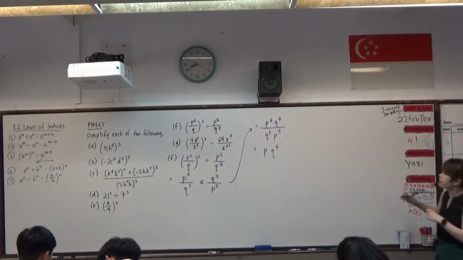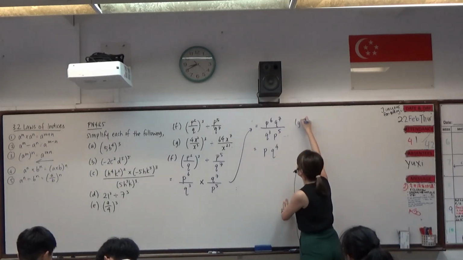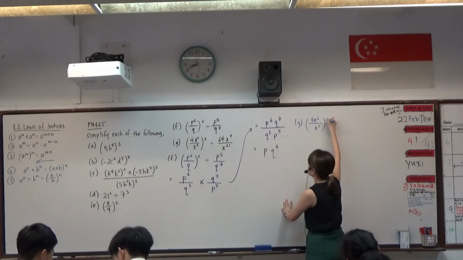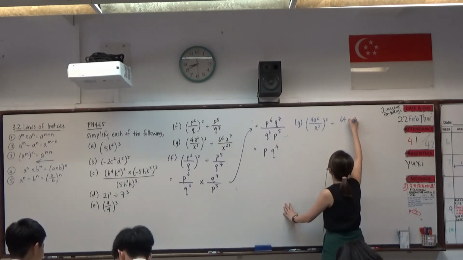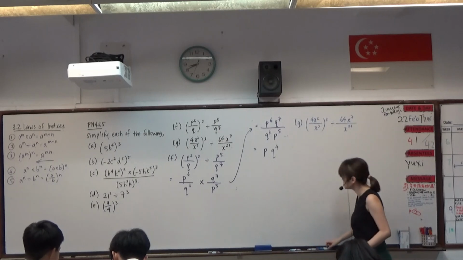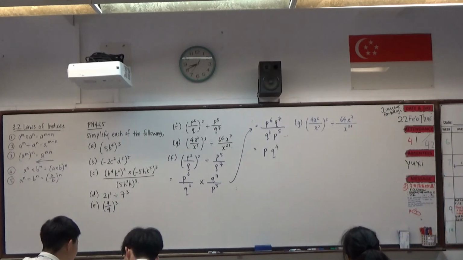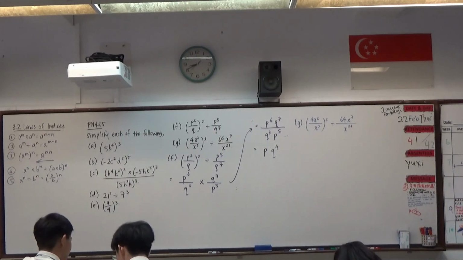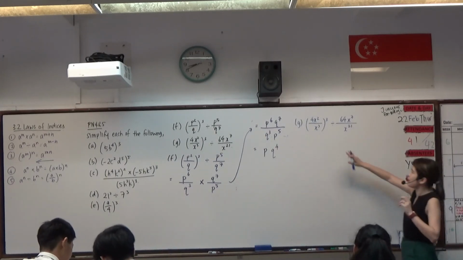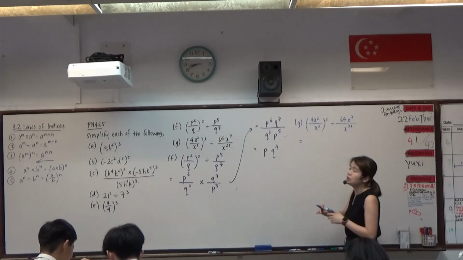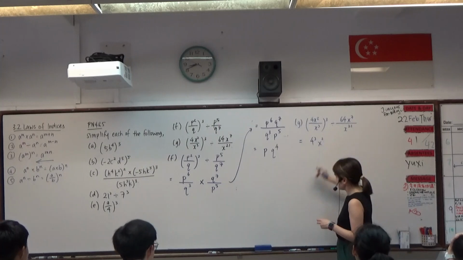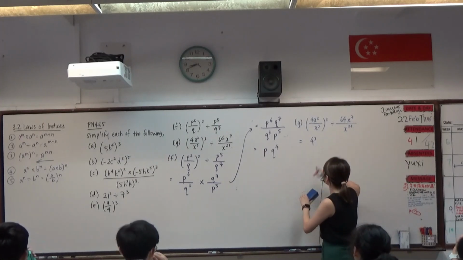Next we look at part G, the last one. Part G, we have 4x squared over x cubed, all to the power of 3, for which we will get 4 cubed, x squared to the power of 3.